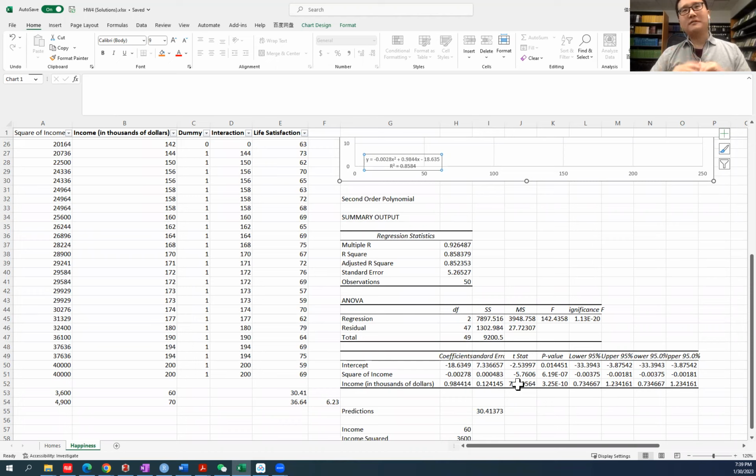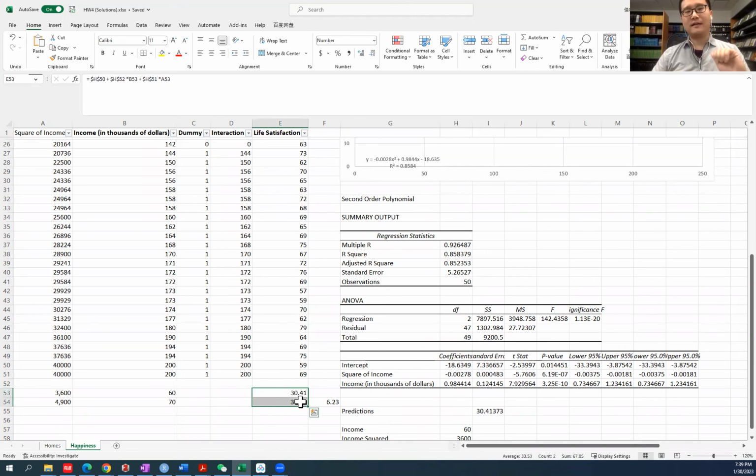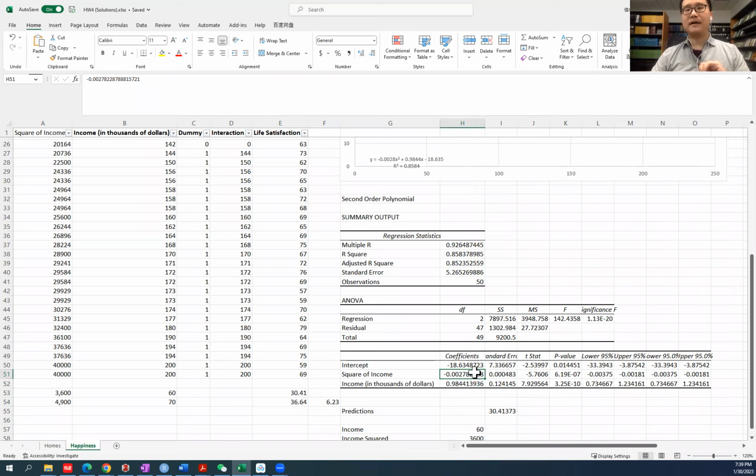The reason why you see a difference between the calculated or predicted life satisfaction between what I have here and what John and the other student, Stephen, I believe, showed earlier, was not because we squared it or not. It was solely because of rounding error. Notice my coefficients have many digits.